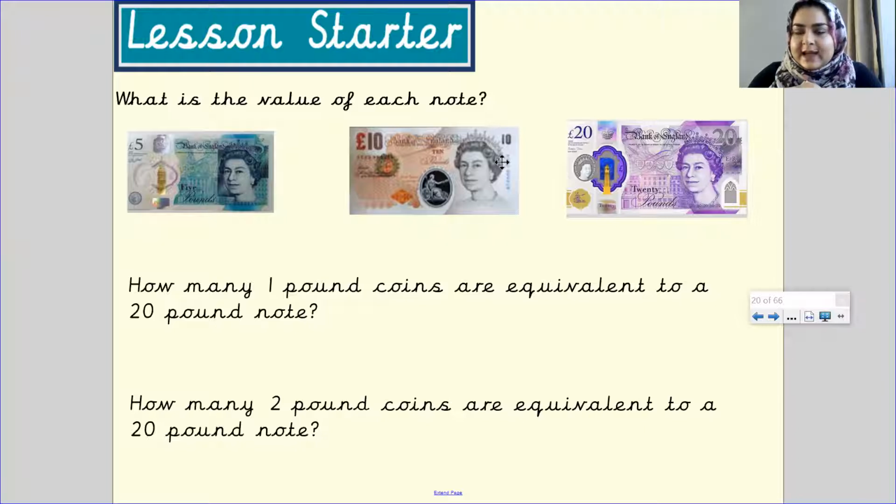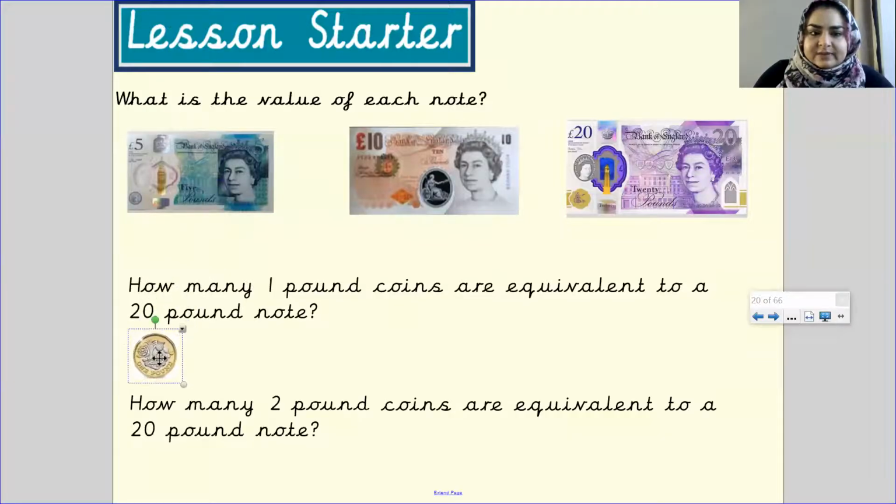So now if this is a £1 and the value is 1, you will need to count that in ones to know how many £1 coins are equivalent to £20.